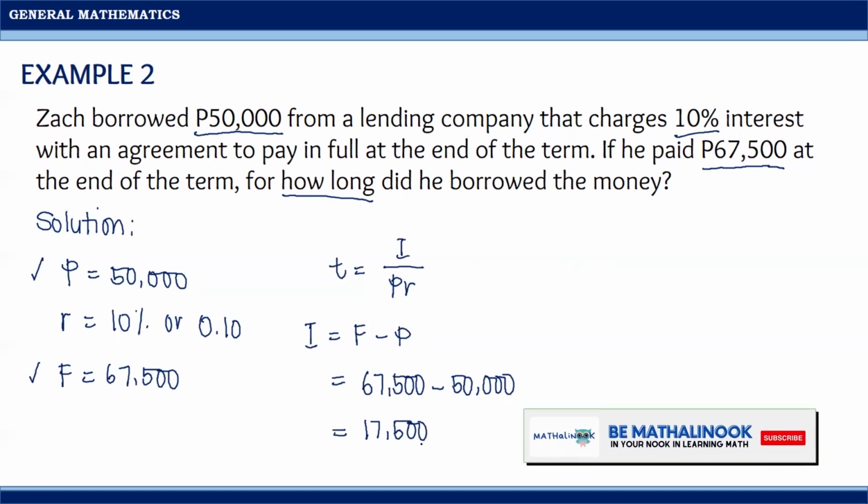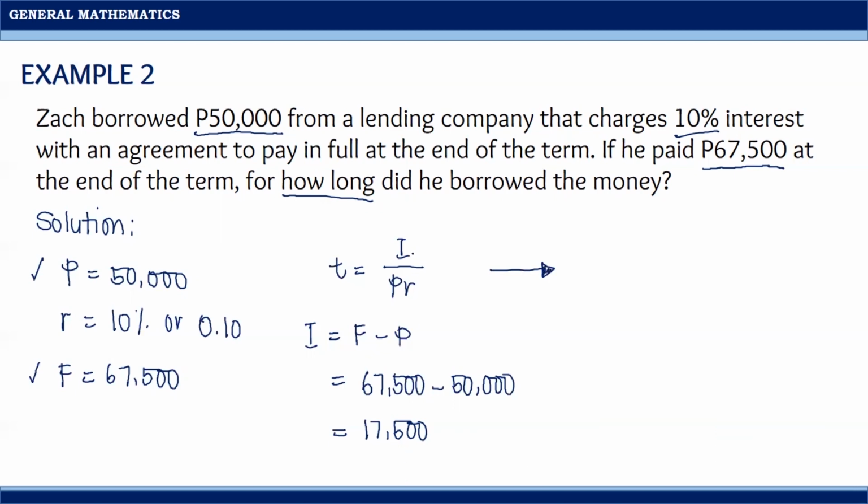We can now use the value of I to solve for T. Substituting the values of I, P, and R into this formula, we get T equals 17,500 divided by 50,000 times 0.10.